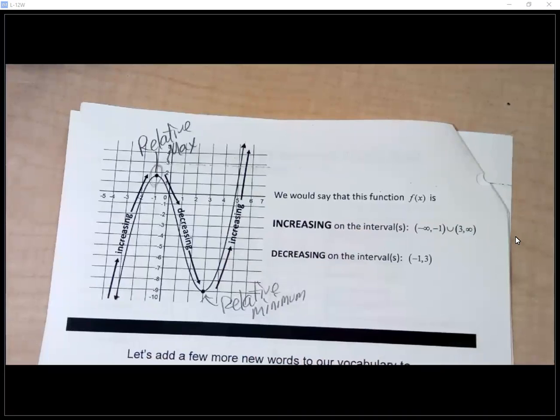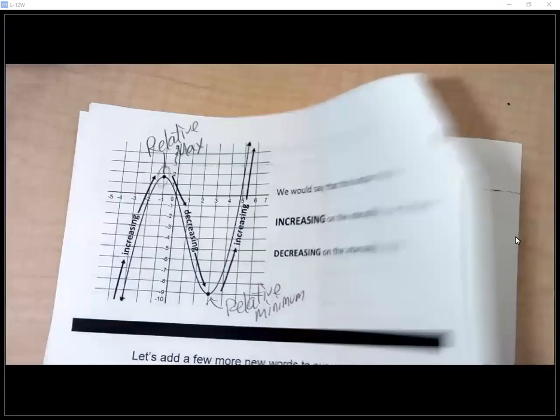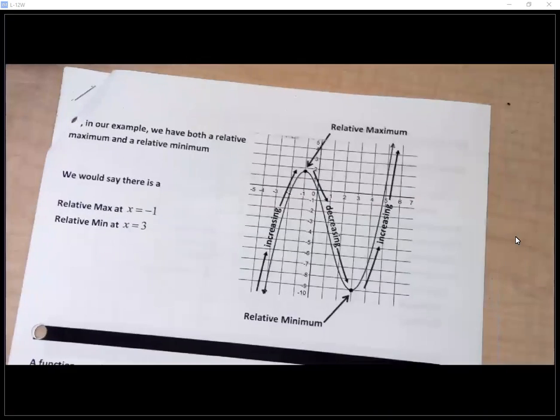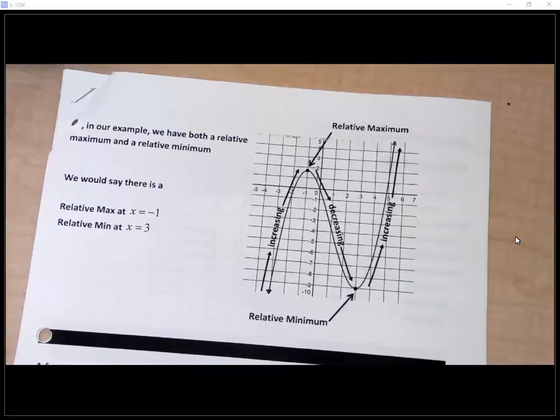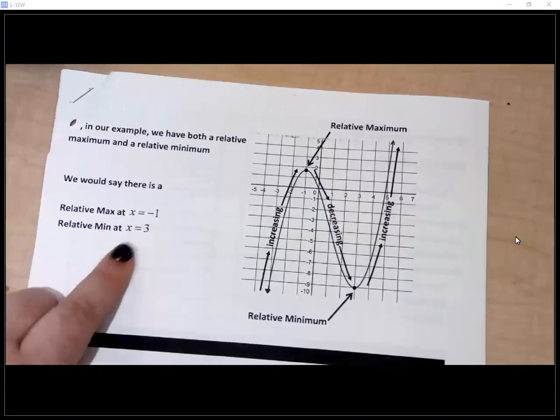Easy peasy. All right, flip, because that's all the bottom talks about. So we have a relative max when x equals -1, a min at x equals 3.